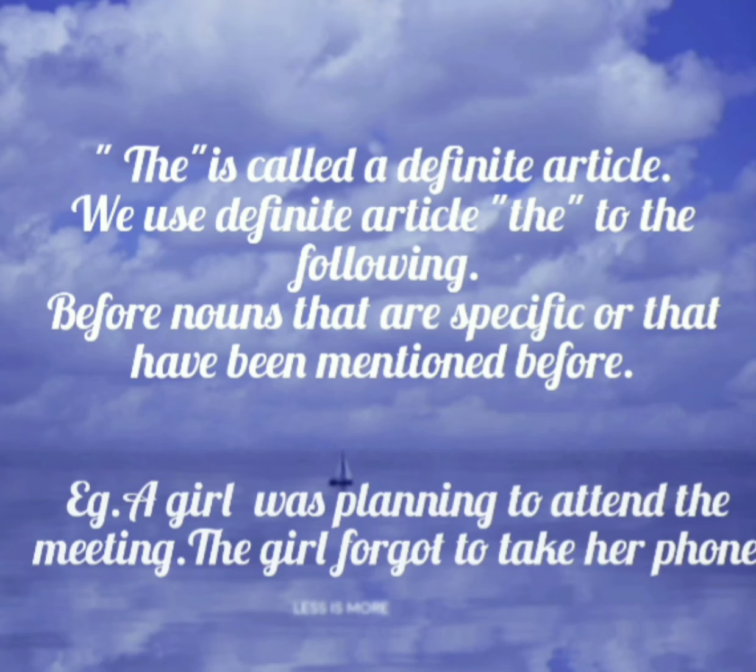The girl who wanted to attend the meeting, that particular girl forgot to take her phone. So we have used the definite article the before the nouns that are specific or that have been mentioned before. Before mentioned nouns, we can use the definite article the.